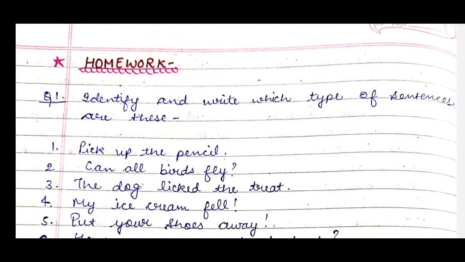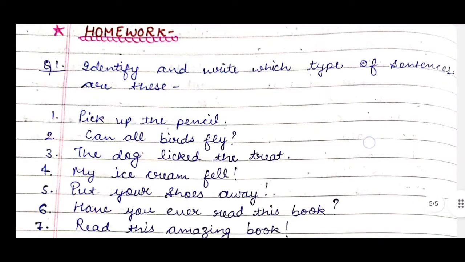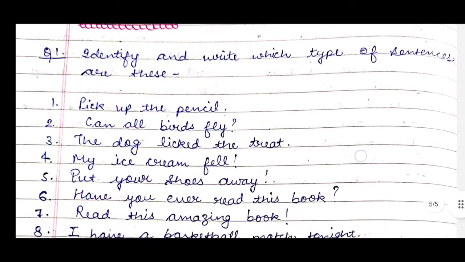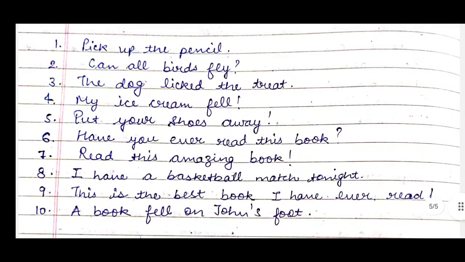Question one is, identify and write which type of sentence each of these is. The children have to identify and write the type of sentence. Here are a few sentences. First, pick up the pencil. Second, can all birds fly? Third, the dog licked the treat.